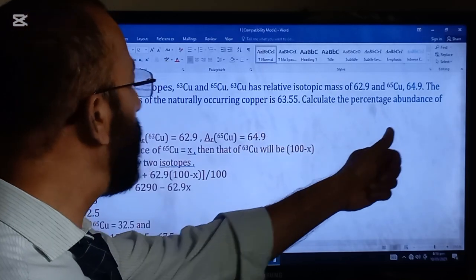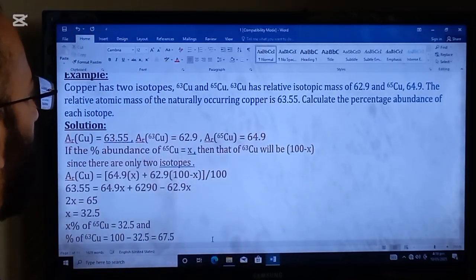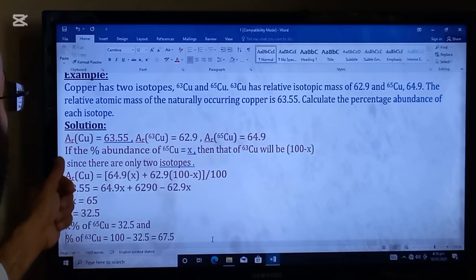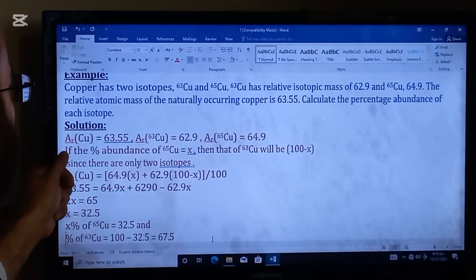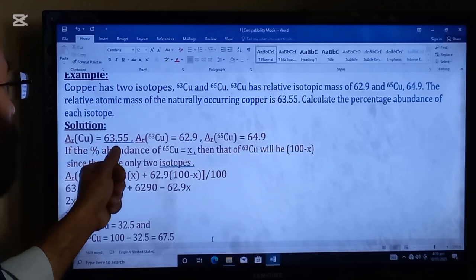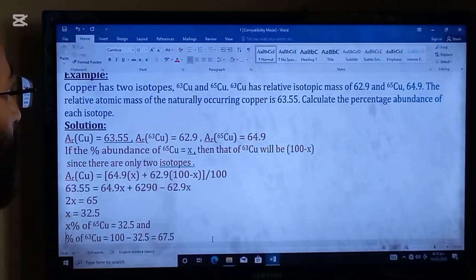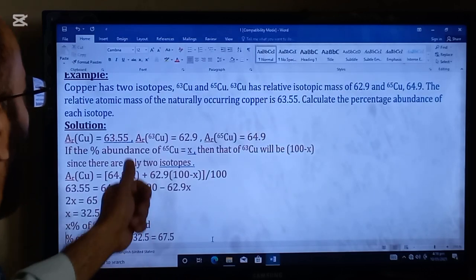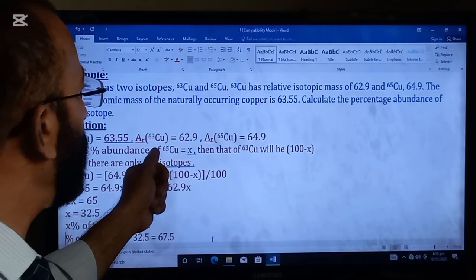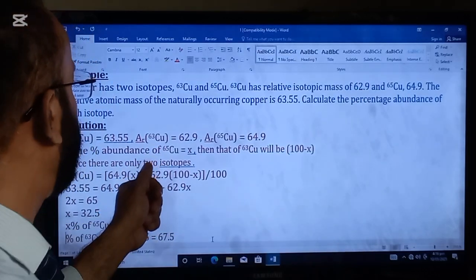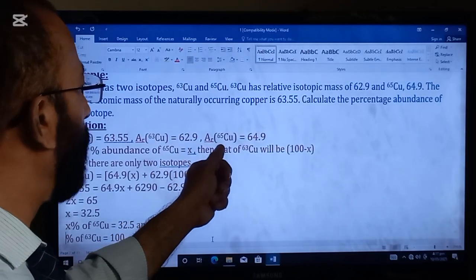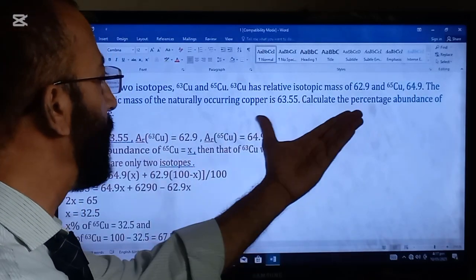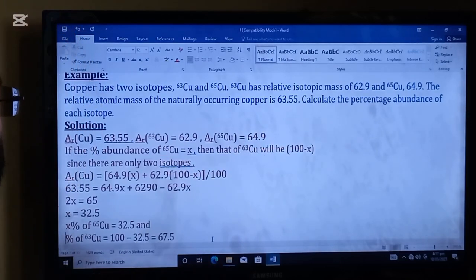Calculate the percentage abundance of each isotope. So, the relative atomic mass of copper is 63.55. This we can see is given. The relative atomic mass of copper 63 is 62.9. The relative atomic mass of copper 65 is 64.9. So these are the values given in the question.